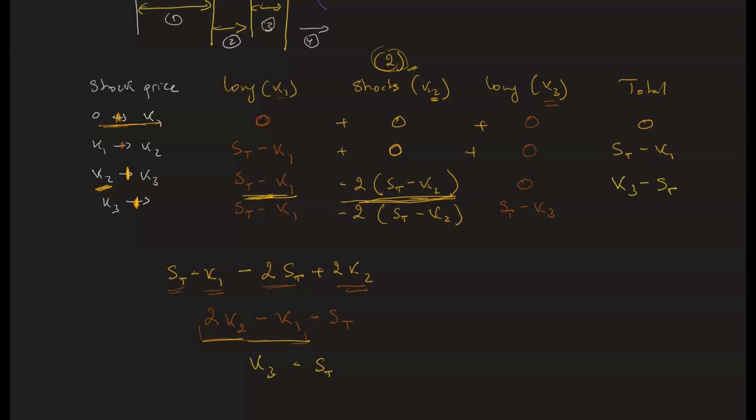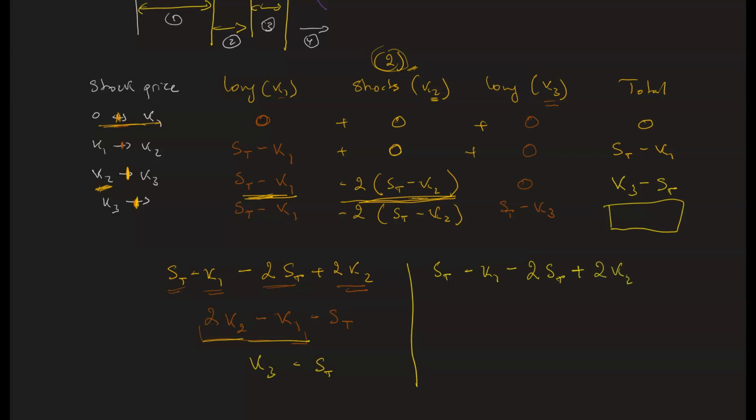And in this case, this is what we're going to have. The last scenario is going to be stock price minus strike price 1. In this case, we're going to have minus 2 times the stock price plus 2 times strike price 2.